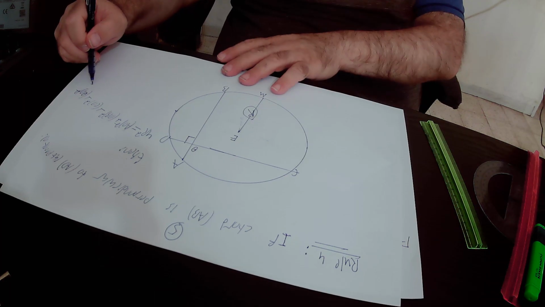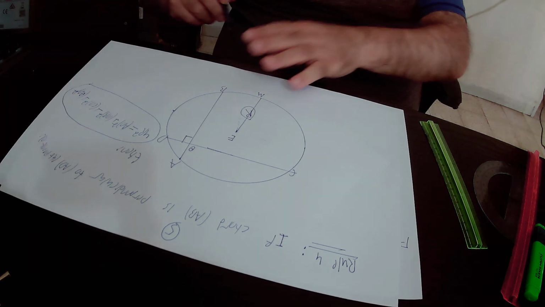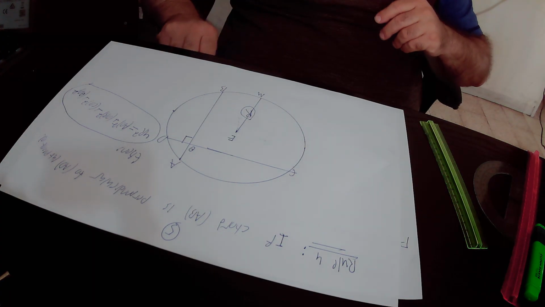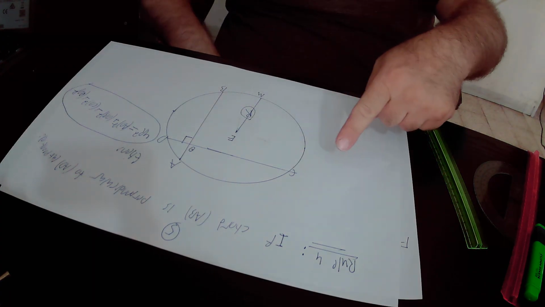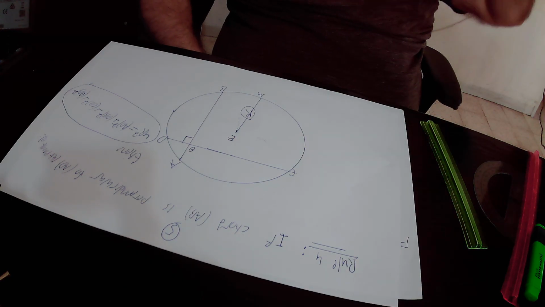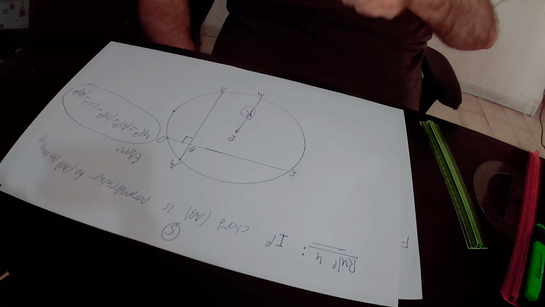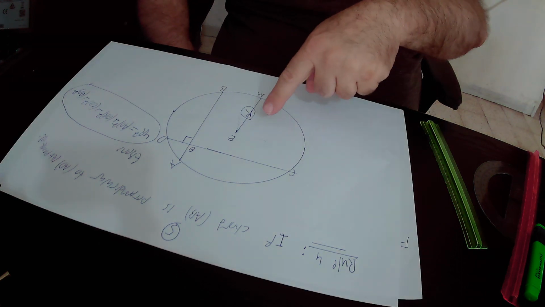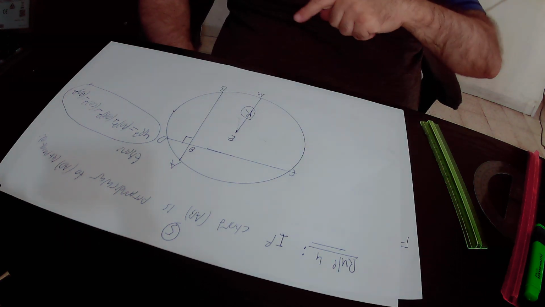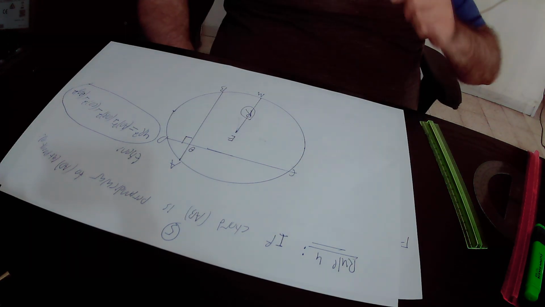Again, in this drawing we have two chords that are perpendicular to each other, that is to say chord AB perpendicular to chord CD at point O. Therefore, 4R squared, where R is the radius of the circle, equals AO squared plus OB squared plus CO squared plus OD squared.